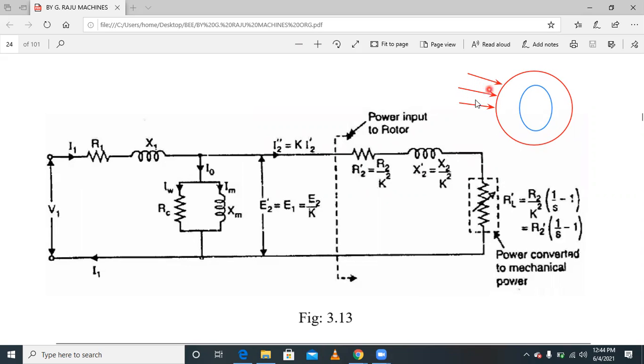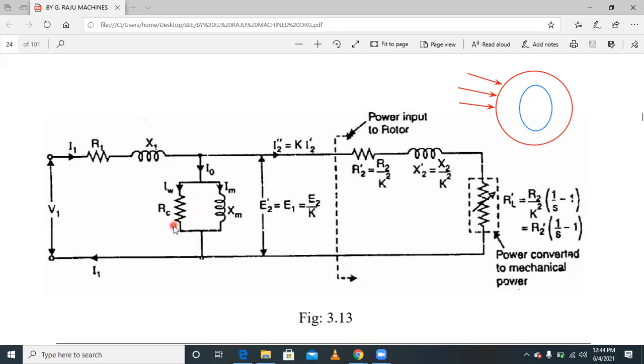These are the different supplies. The stator is made of some material, such as iron core or steel core, and the stator also has winding. In the stator, losses take place. The winding losses are I1 square into R1.